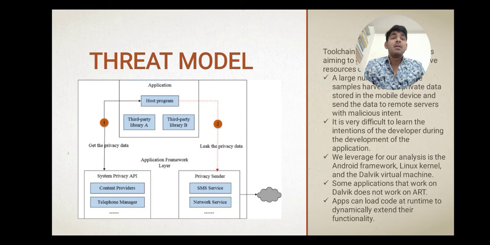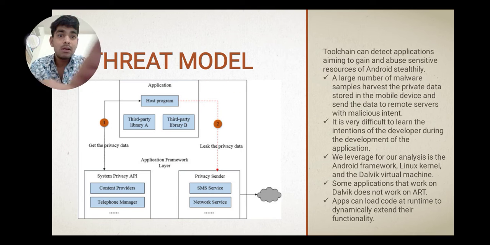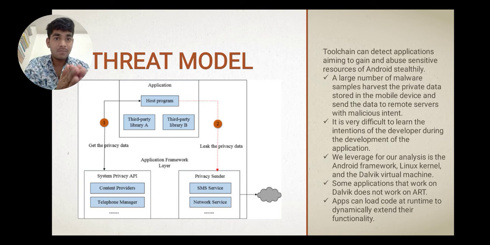So, the threat model. It means we have one application, one host program, and third-party library A and third-party library B. The main methods are the system privacy API, the content provider, and the telephony manager. The host program interacts with the system privacy API on the application framework layer for the privacy data.